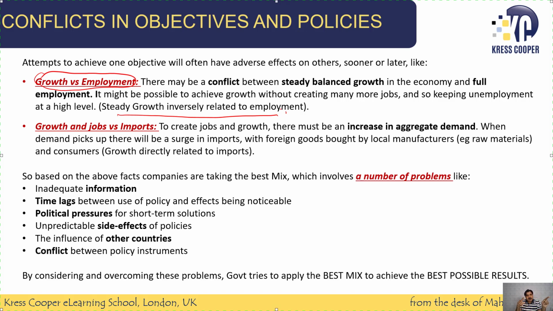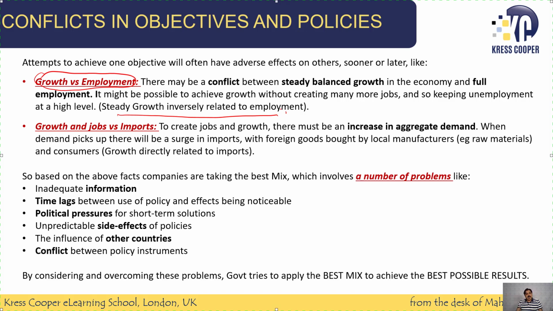So, growth versus imports, these are two directly proportional factors. Initially, we discussed government is trying to cut imports to have a favorable balance of payment. Now government will have to import to meet the demand of local production. So it means government is achieving growth, government is getting jobs, but on the other hand government is increasing imports as well.